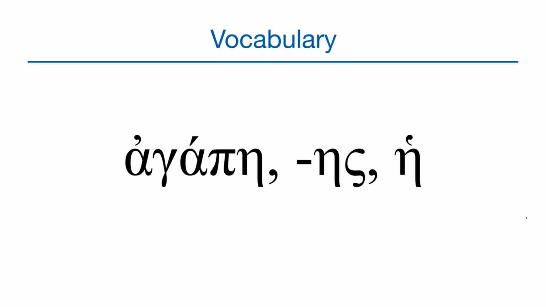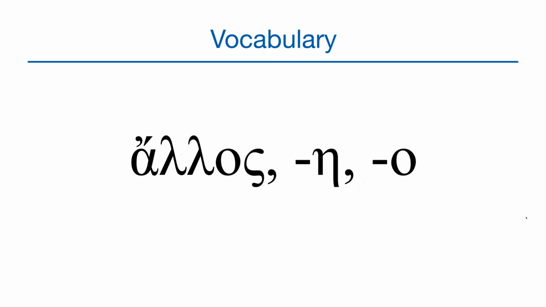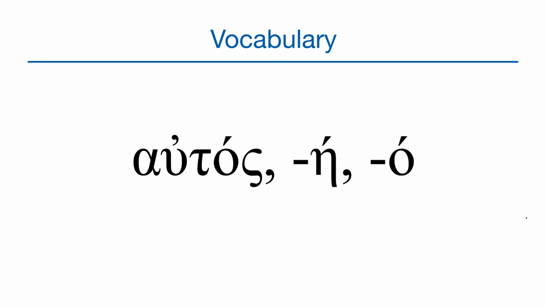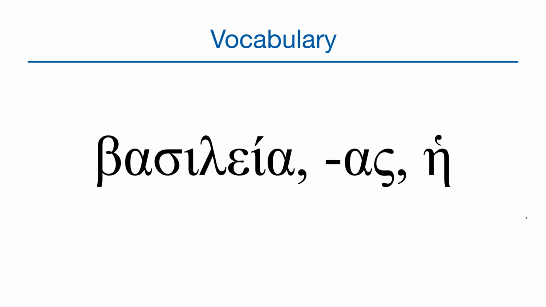So agape means love. Allos is other or another. Autos, he, she, or it. Basileia means kingdom.